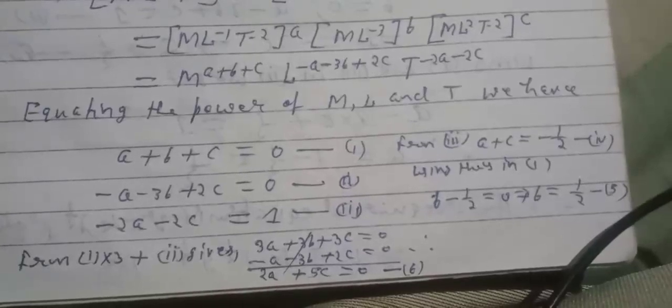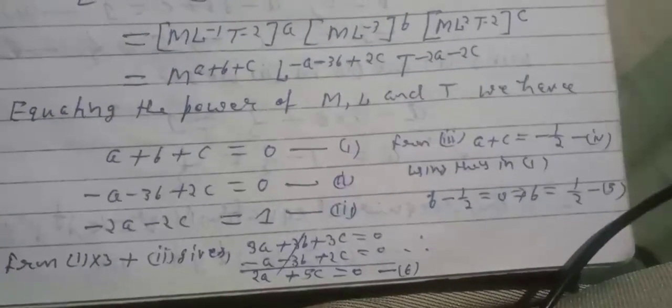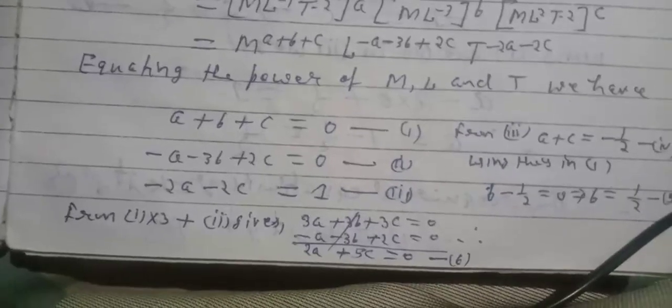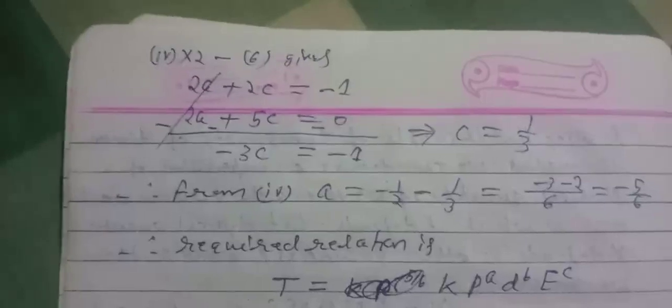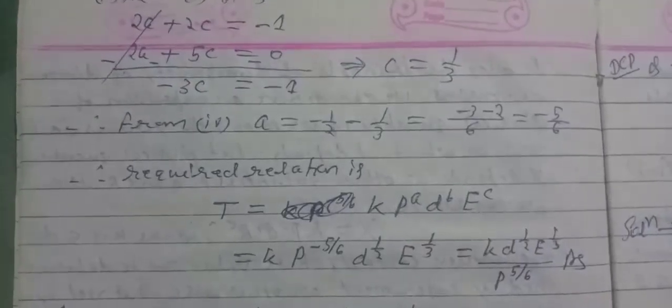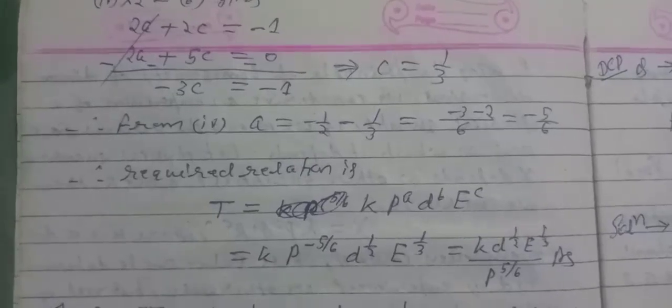Now from equation 1 multiplied by 3 plus 2, solving, and 4 multiplied by 2 minus 3, gives c equals 1 by 3. Hence from 1, a equals minus 1 by 2 minus 1 by 3 equals minus 5 by 6.